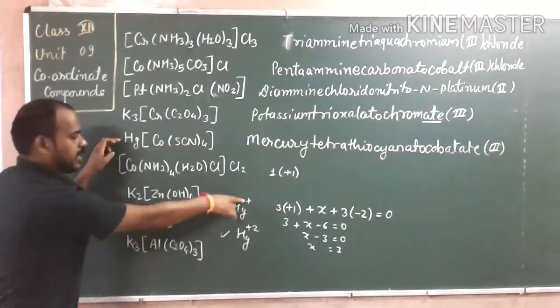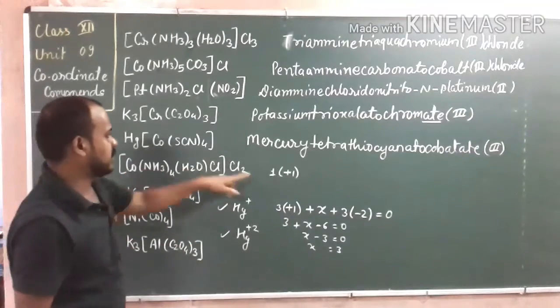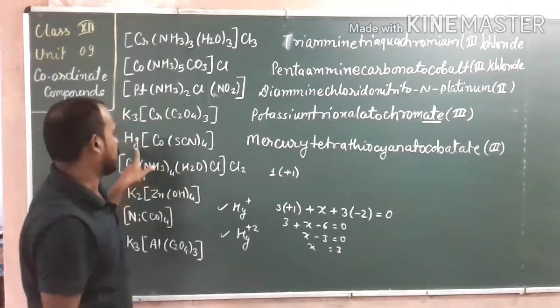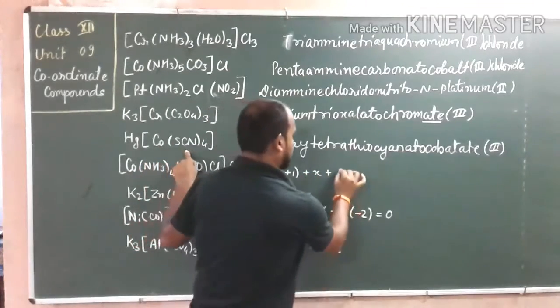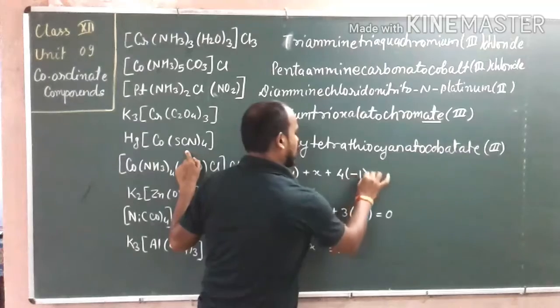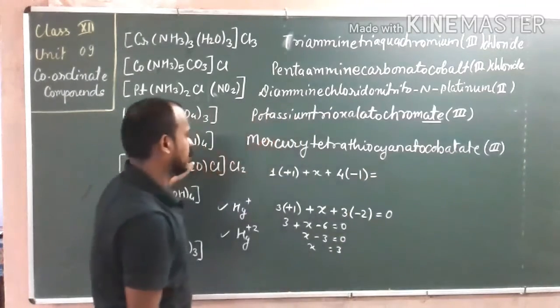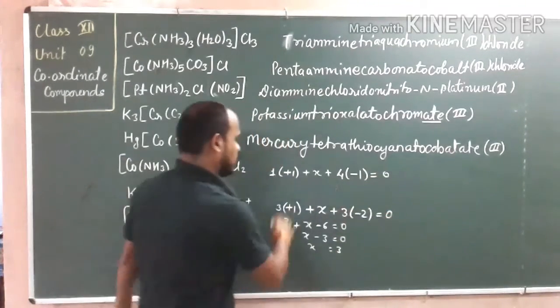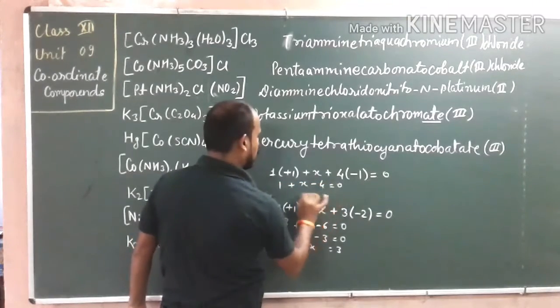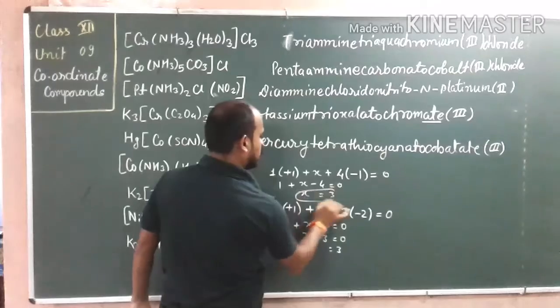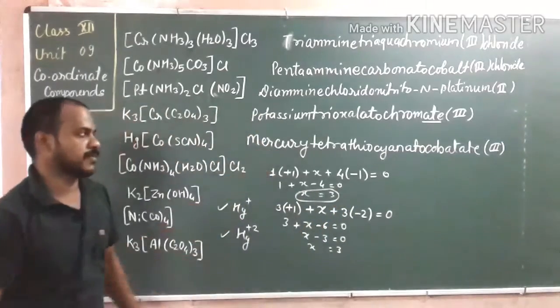So first we will use these two. First we are using Hg plus. So for Hg, 1 into +1. For cobalt, we have to calculate, x. For thiocyanate, the number of ligands is 4 and the charge on the ligand is -1. Overall charge is 0. So try to solve it: 1 plus x minus 4 is equal to 0, so x is equal to 3. Here the oxidation number is coming 3.